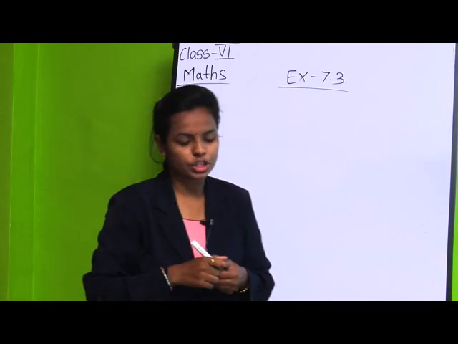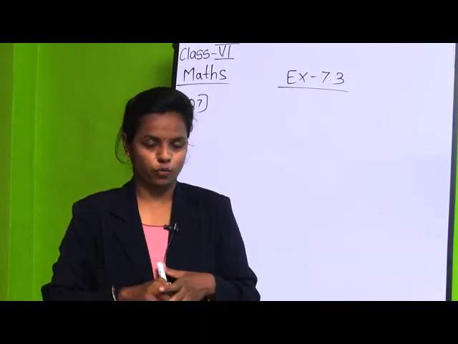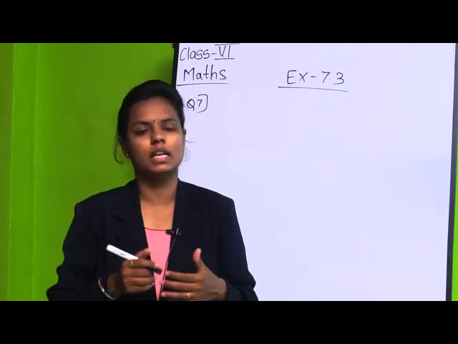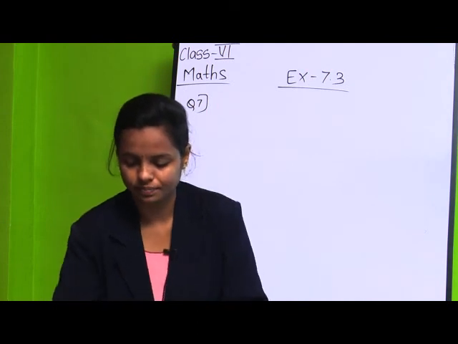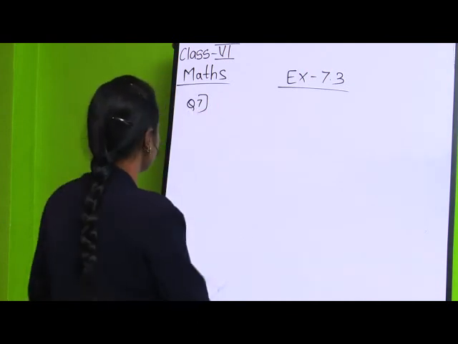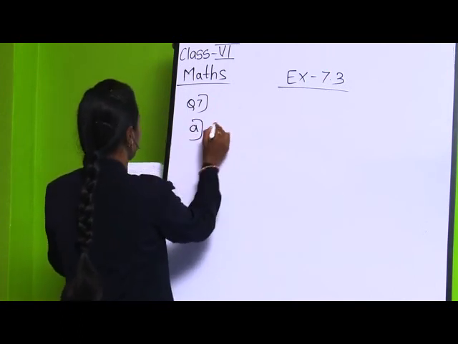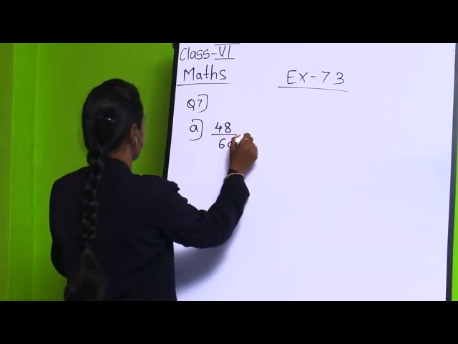It has the question, reduce the following fractions to simplest form, means we need to convert it into lowest terms by dividing it. Okay. So let us see here. The first question we have, that is A, 48 by 60. Okay.